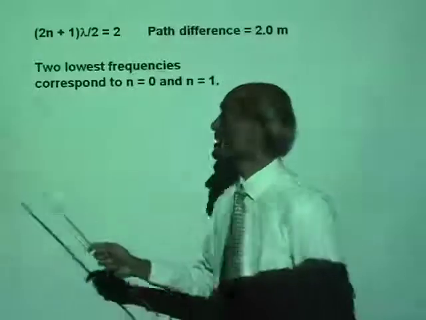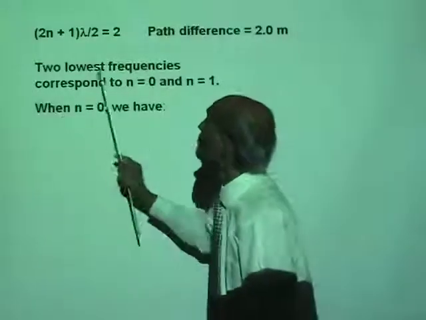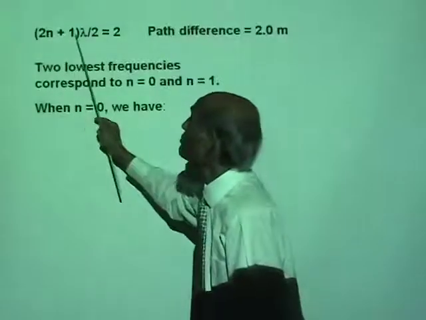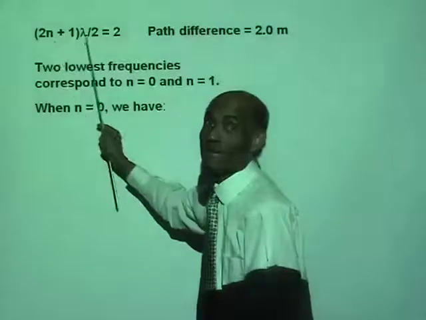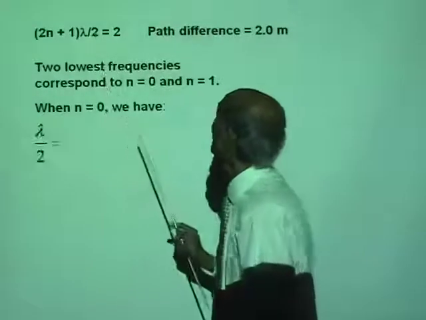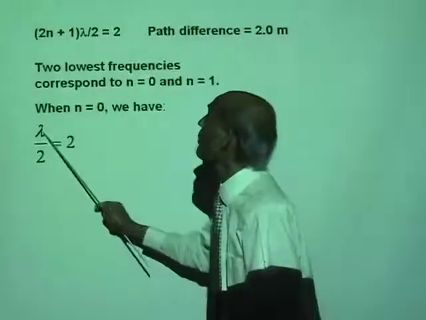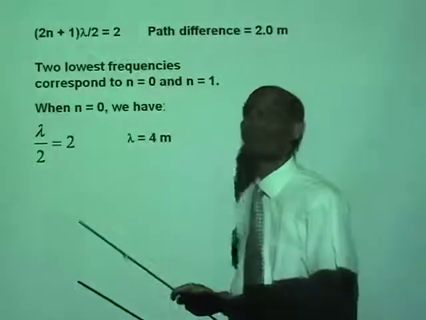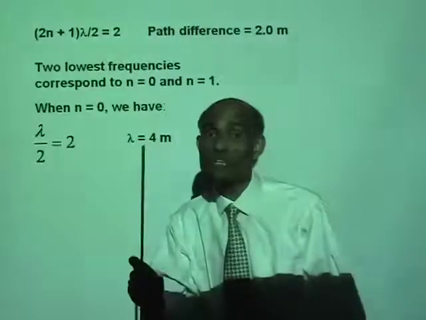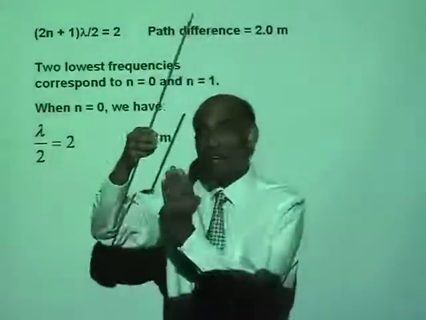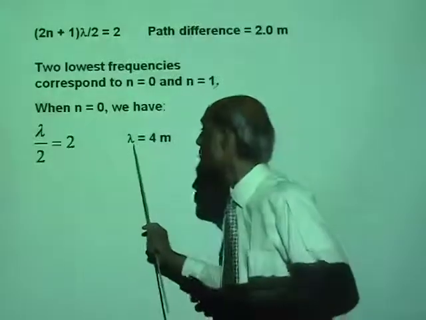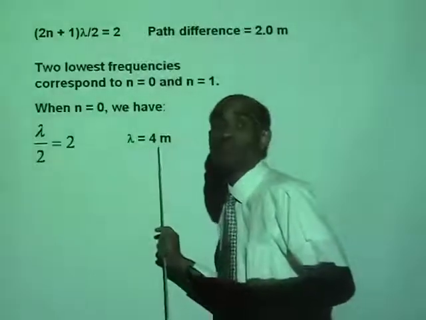You see that? So, when n equal to 0, what do you have? 2n will be 0, 2n plus 1 will be 1. The left hand side will be simply lambda by 2. Lambda by 2 will be equal to 2, or lambda will be equal to 4 meters. So the lowest frequency that will arrive at that point, completely out of phase, will have a wavelength of 4 meters.